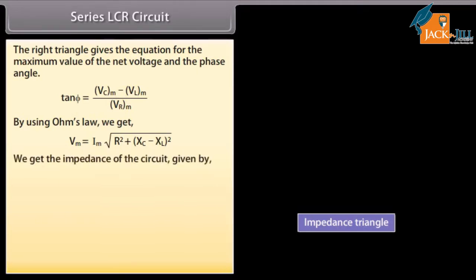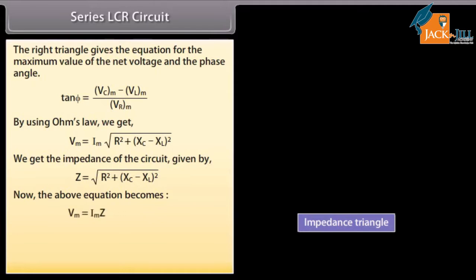We get the impedance of the circuit given by Z equals under root of R square plus (XC minus XL) square. Now, the above equation becomes Vm is equal to the product of Im and Z.